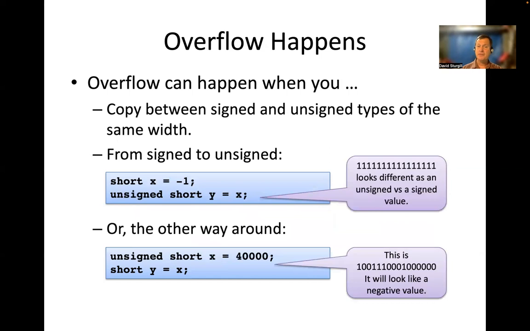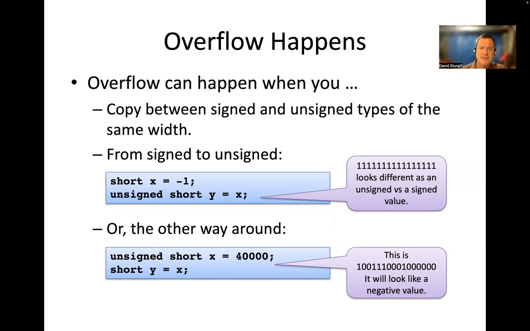You can even get overflow changing signedness. That makes sense. If you ask for an unsigned value, you get more range on the positive side. If you ask for a signed value, you can store some positive and negative numbers. And if you try to assign one of those values that's out of the range for the signed or unsigned type, it won't work.